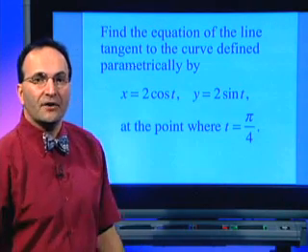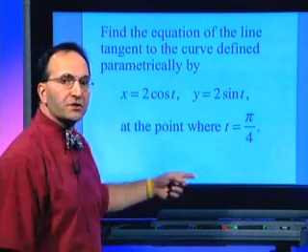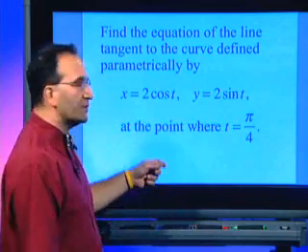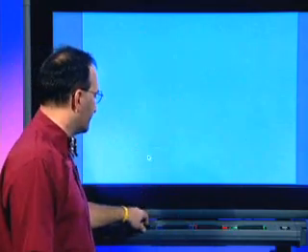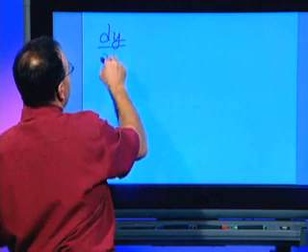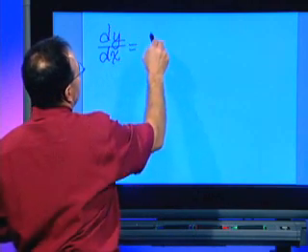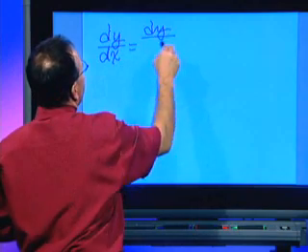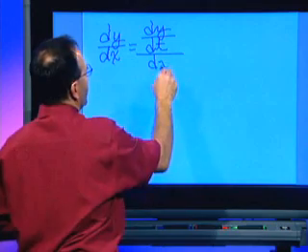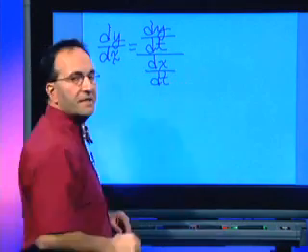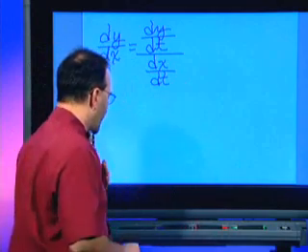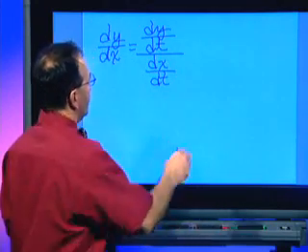Hey, let's find out how you did on this problem. This was the original problem that I gave to you, so it's given to you parametrically, so we have to use the formula for the derivative of parametric, and that is dy/dx equals dy/dt over dx/dt. And in this particular example, you were told that y was equal to 2 sine t.